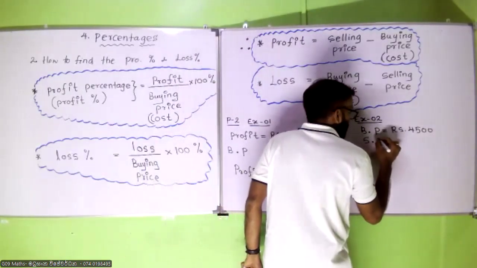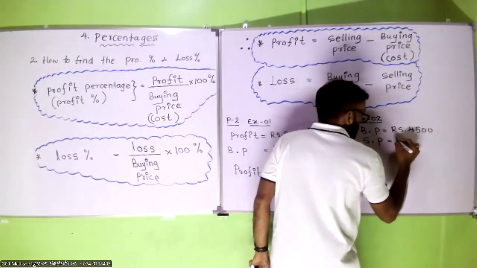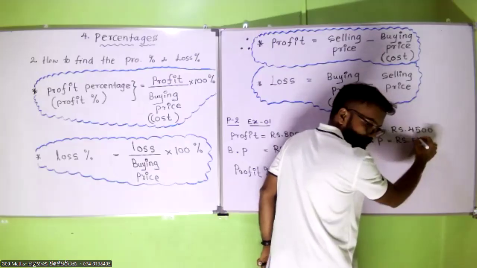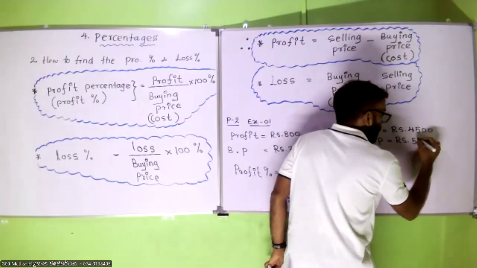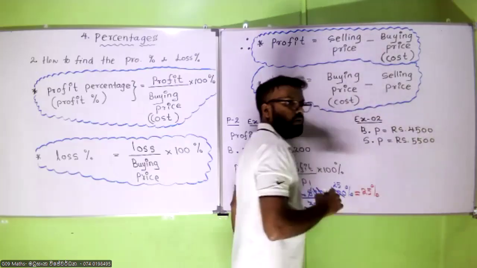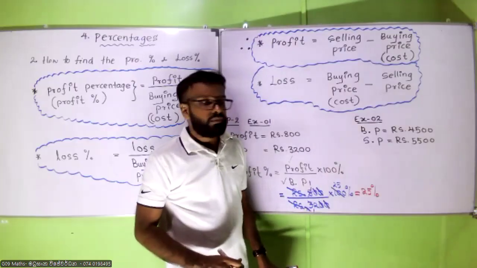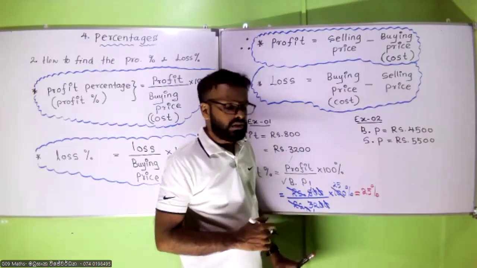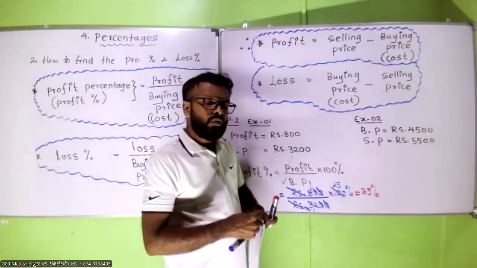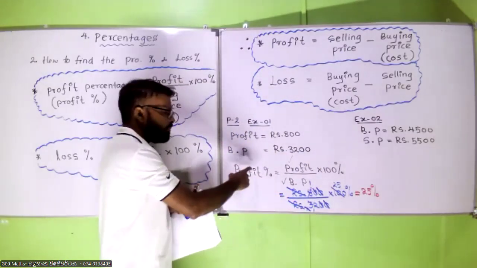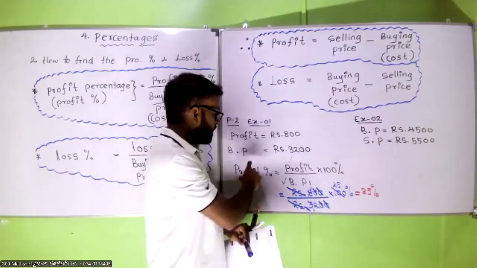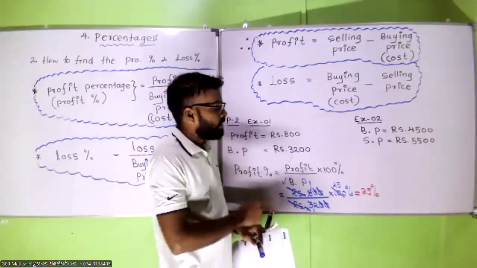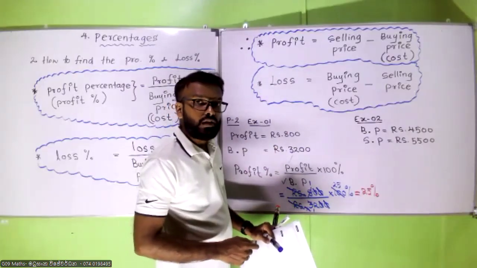Selling price is 5,500. So now how to find the profit percentage? Profit percentage is equal to profit divided by buying price, but there is no profit given.